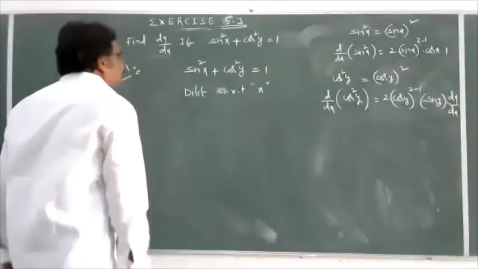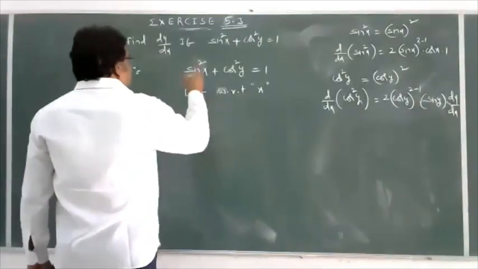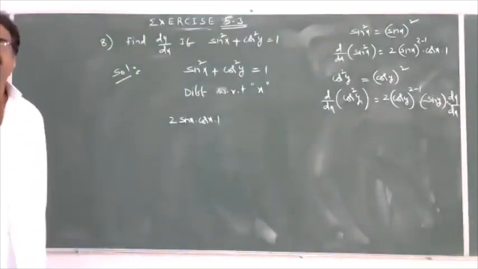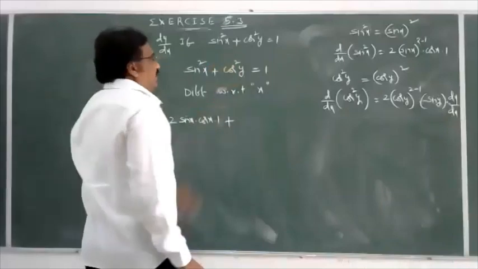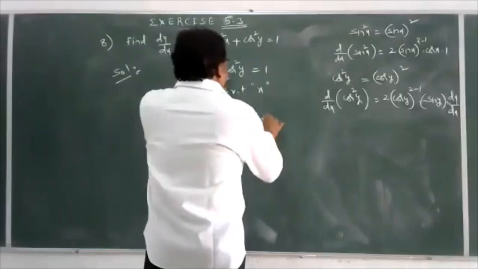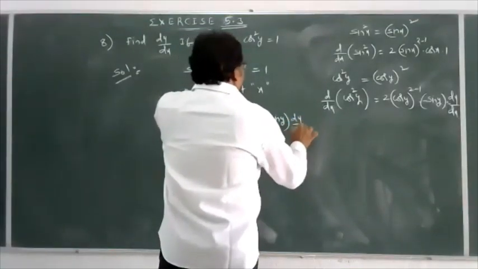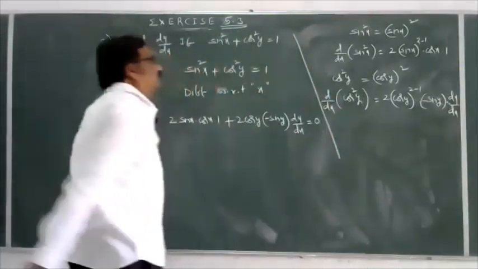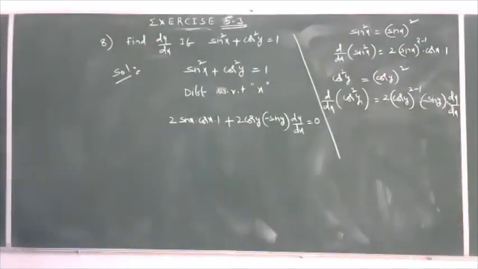Like that, sin square x derivative is 2 sin x into cos x into x derivative 1, plus cos square y, 2 into cos y into cos y derivative, minus sin y into y derivative dy by dx, is equal to 1. 1 is a constant, its derivative is 0.